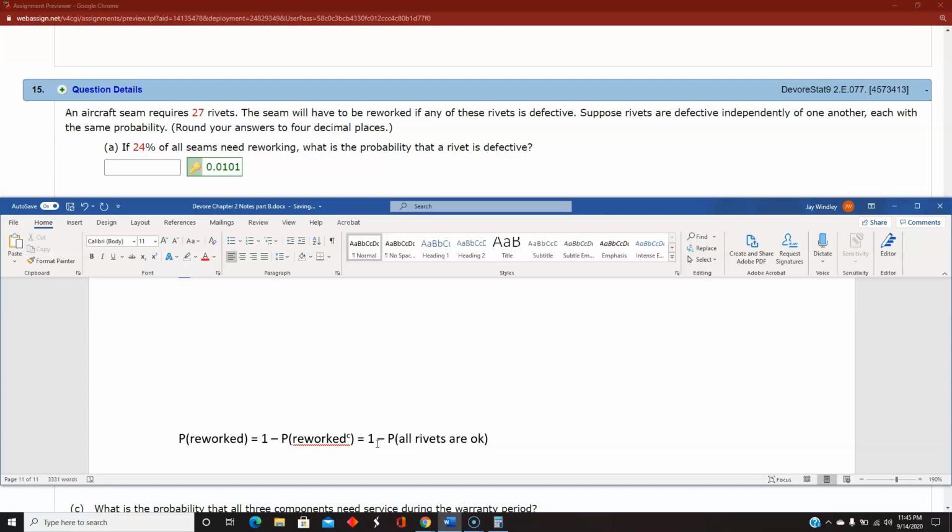And since they're independent, that's the probability that a rivet is okay to the power 27.